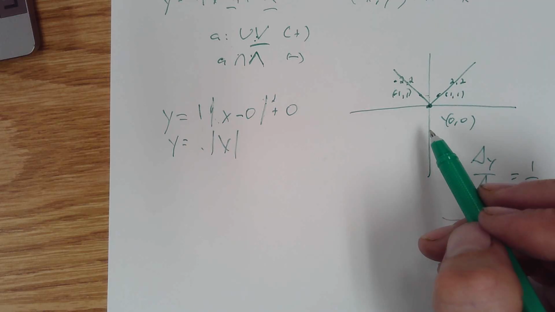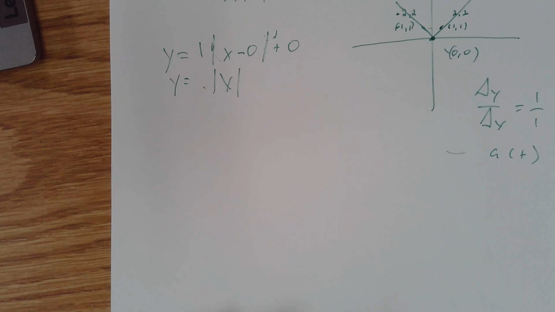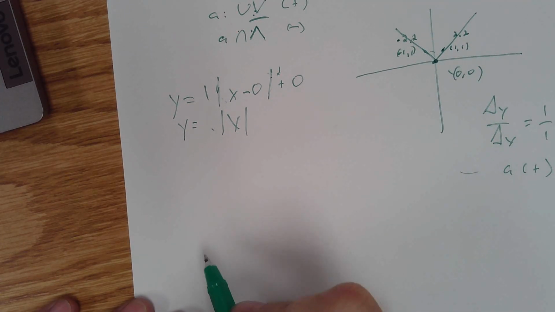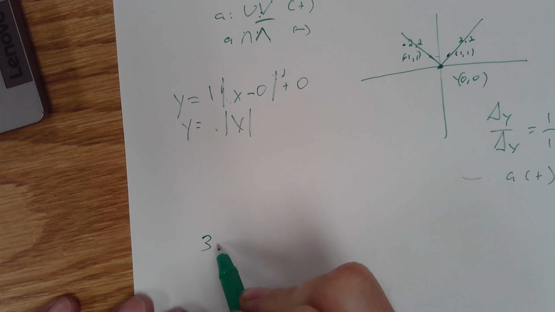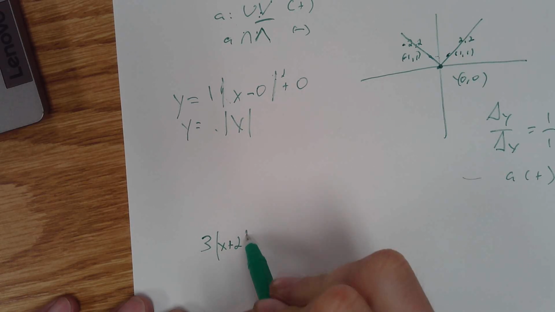Okay, so what if I had a function like y equals 3 times the absolute value of x plus 2, minus 6?